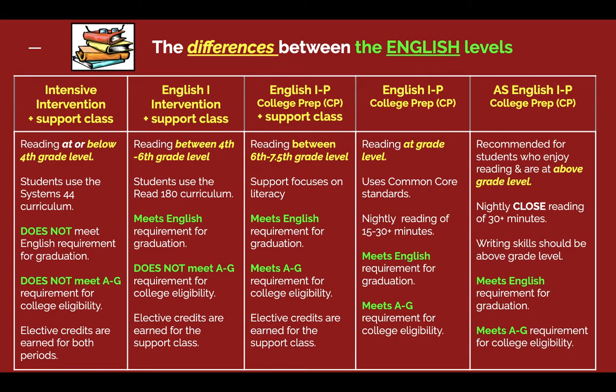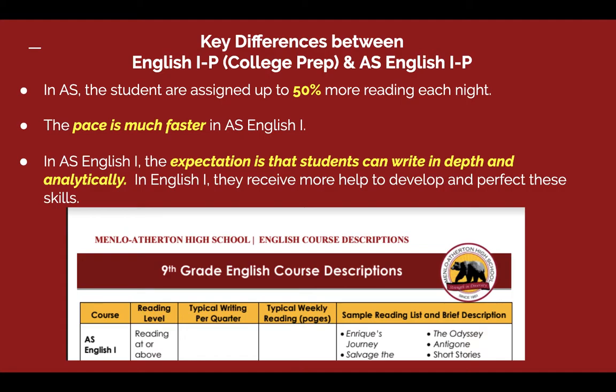The classes in Intensive Intervention, English 1 Intervention, and English 1 with Support all require 2 class periods. English 1 and AS English 1 are single period classes. The differences between English 1P, College Prep, and AS or Advanced Standing English are that in AS, a student is assigned up to 50% more reading each night.